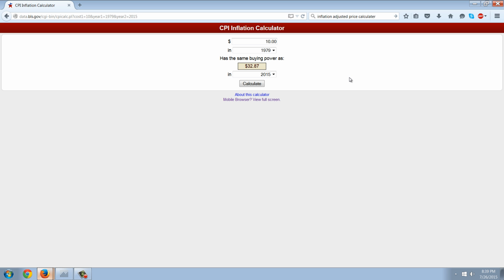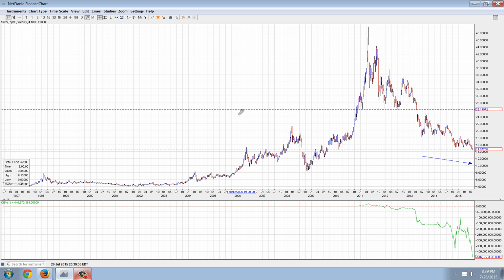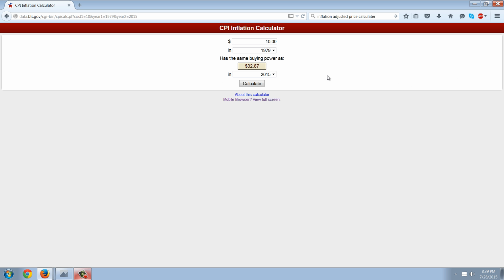So if we did the reverse logic on that and said, how cheap is silver in 1989 prices? Well, we have to cut it in half, and basically silver's about $7 right now, inflation adjusted.